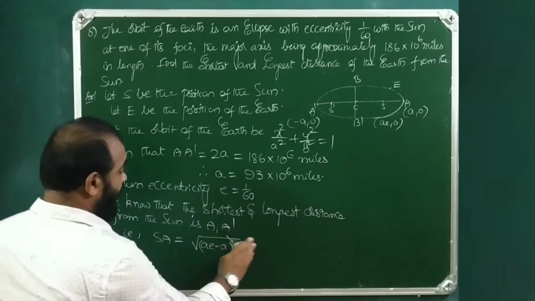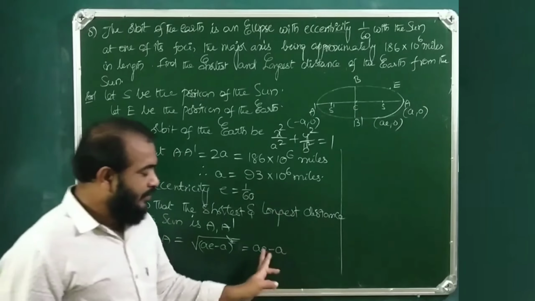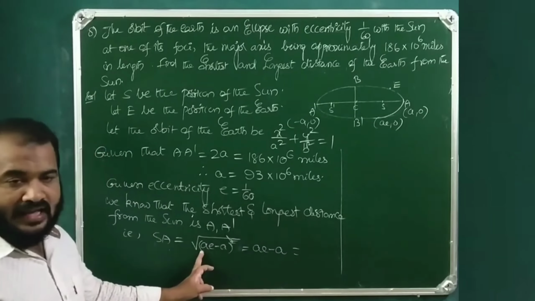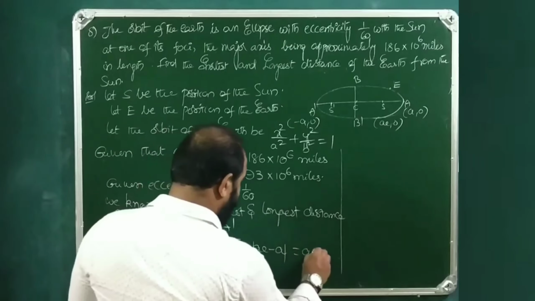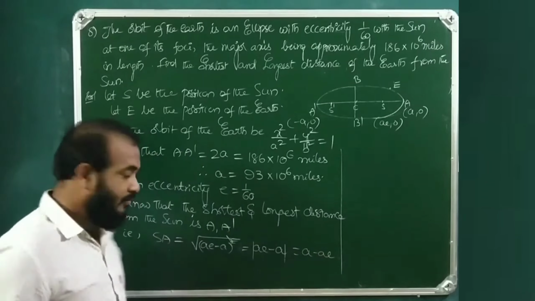So the square and root get cancelled. This is AE minus A, so it could be A minus AE as well. So modulus of this, we will get either AE minus A or A minus AE.